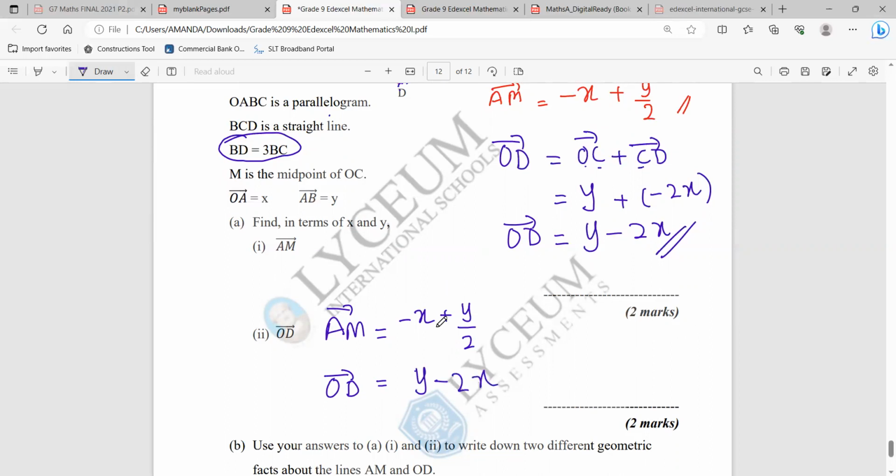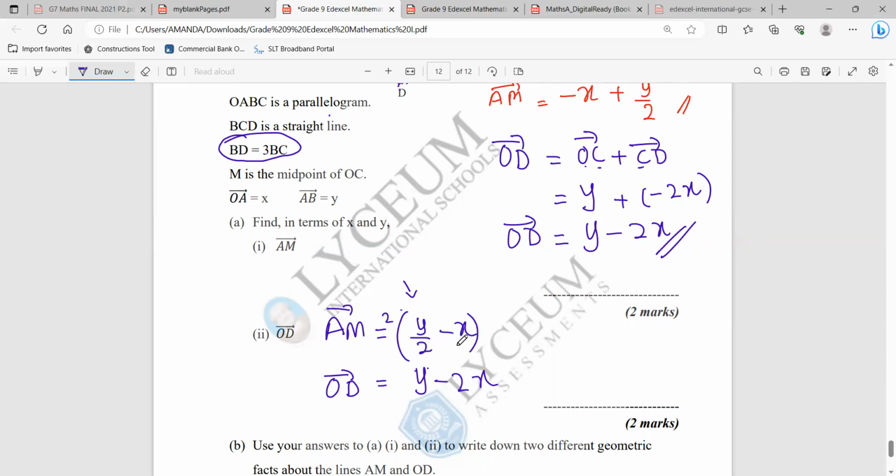I'll change the order of AM. I will put y divided by 2 minus x. The reason I changed the order is just to compare. It's easy to compare. Now if I multiply this by 2, what will happen?